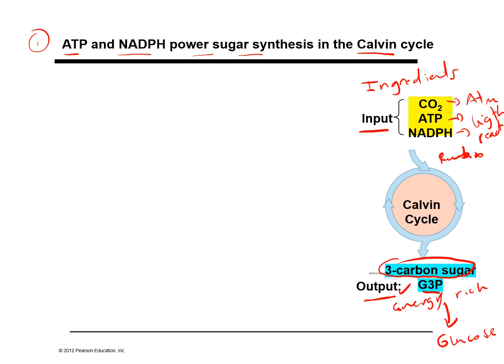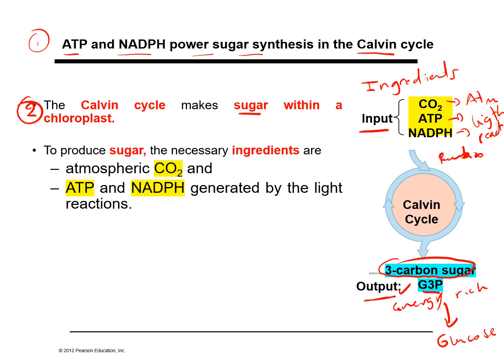So let's recap. The second thing that I told you is that the Calvin cycle makes sugar within the chloroplast. The third thing that I told you is that in order to produce sugar, they have to have some ingredients, and these were the ingredients: CO2 that comes from the atmosphere, and ATP and NADPH that are generated by the light reactions.